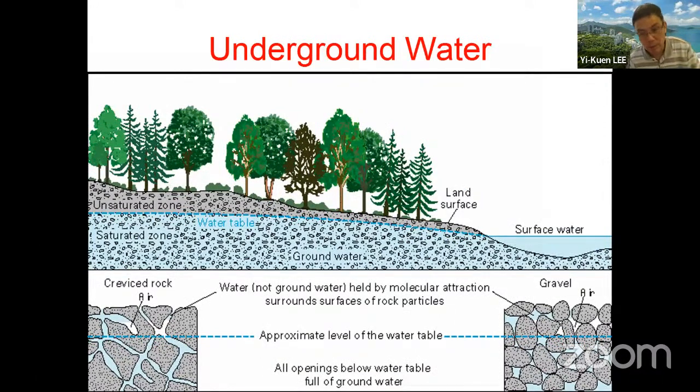Okay, another important thing: I think all of you know that we have another possible way to get fresh water, from underground water. Of course, unfortunately, what's the problem with water from underground? What's the problem?